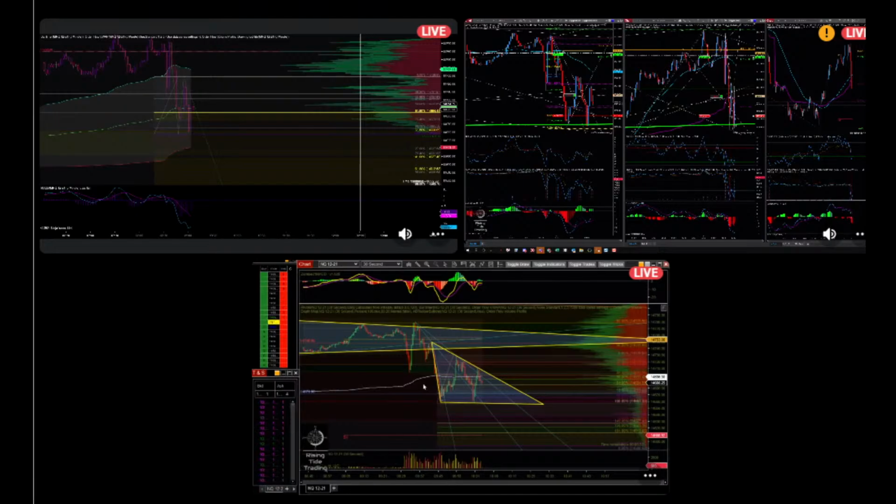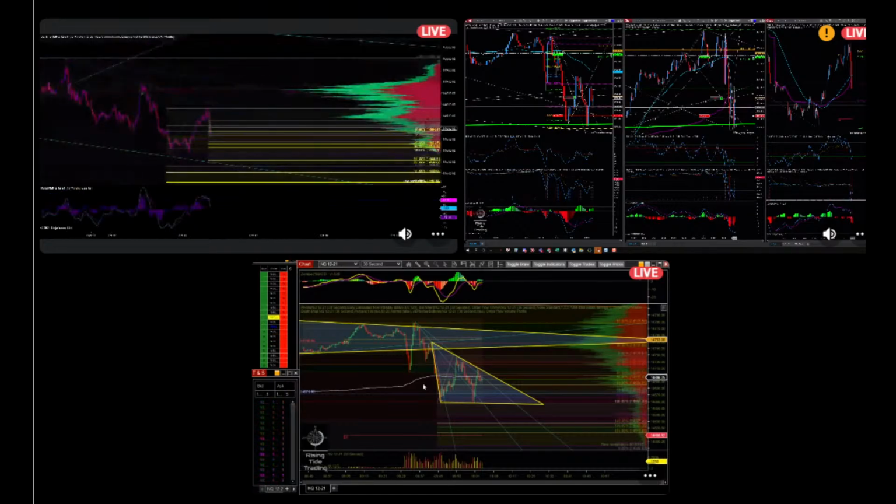On that candle I believed I could put my stop in, which I did, and I got stopped. Then I overreacted and entered again, which I should not have done, because at that point I knew the triangle was in place, and I messed it up.